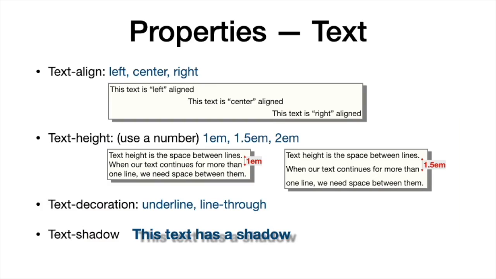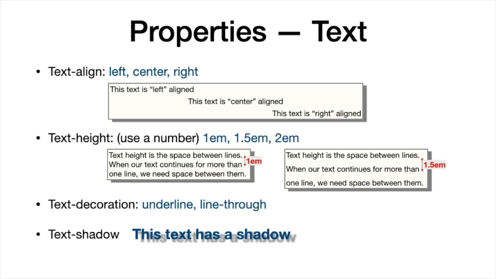CSS has a variety of properties for styling text. For example, text align will help us to make the text align to one side or the other, or place it in the middle of a document or web page.